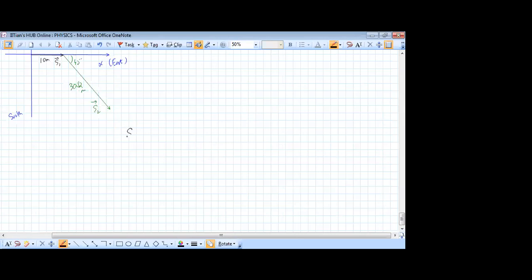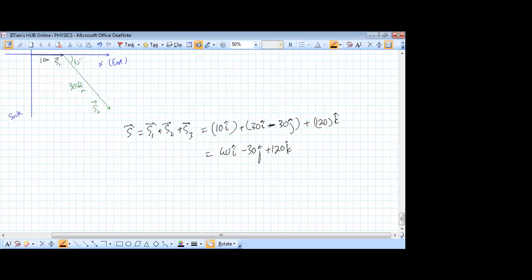So now my net displacement, which is the sum of S1 plus S2 plus S3, that is becoming 10 I cap plus 30 I cap minus 30 J cap plus 120. It's becoming 40 I cap minus 30 J cap plus 120.